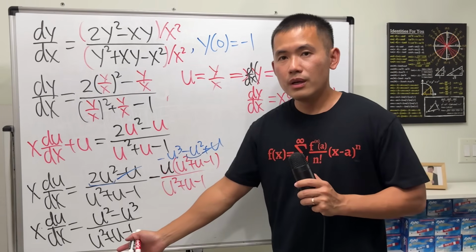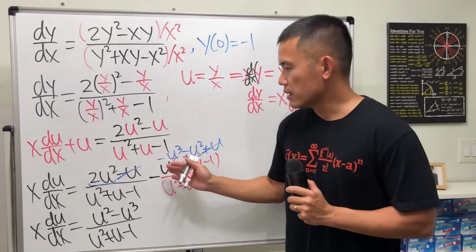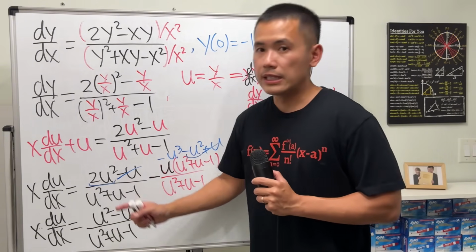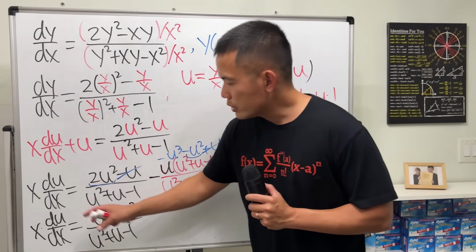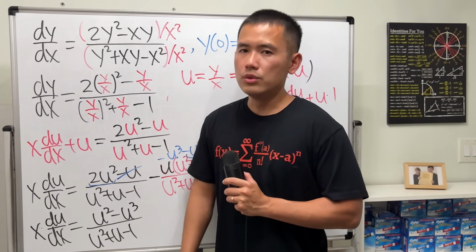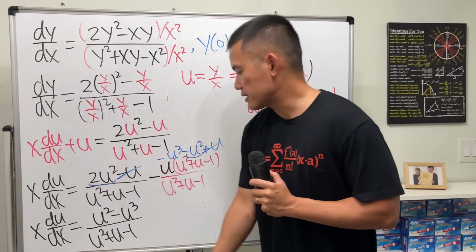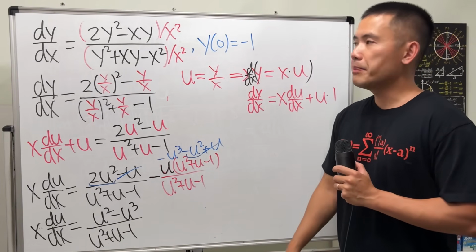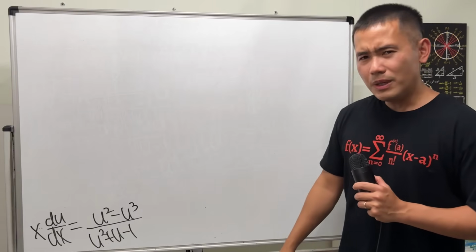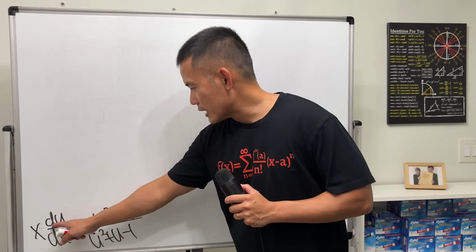And now I'll tell you, after the substitution and the clean up, this equation is separable, meaning you can put all the u's together on one side with the du, and all the x together on the other side with the dx. So let's go ahead and make that happen. First, you might be wondering, can we just divide both sides by du?